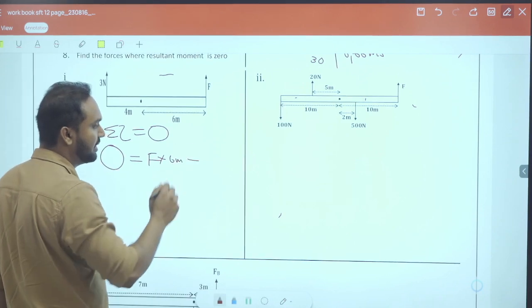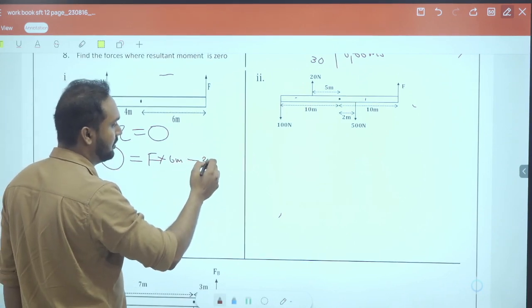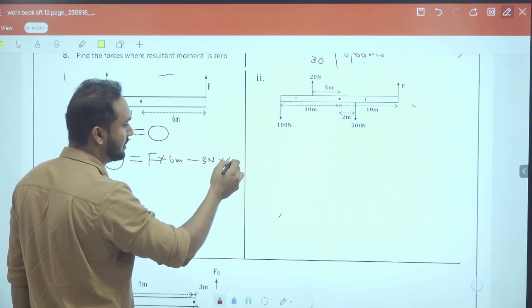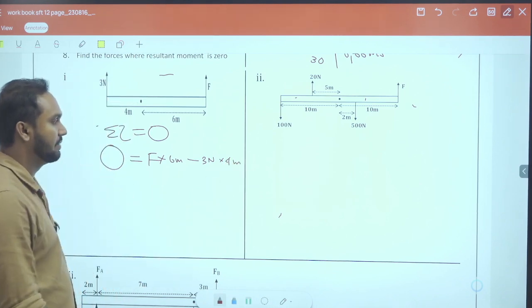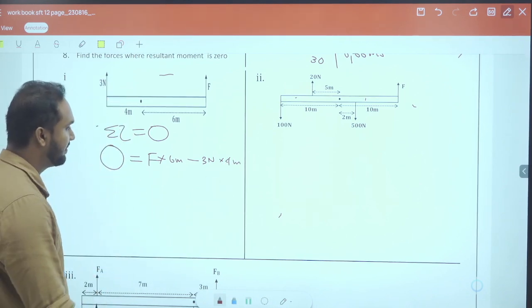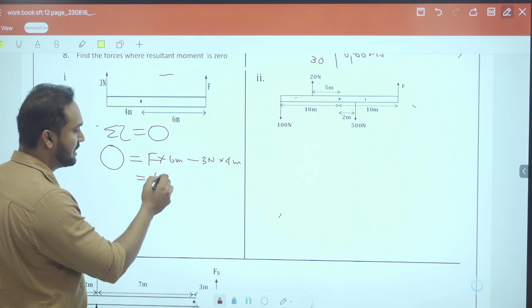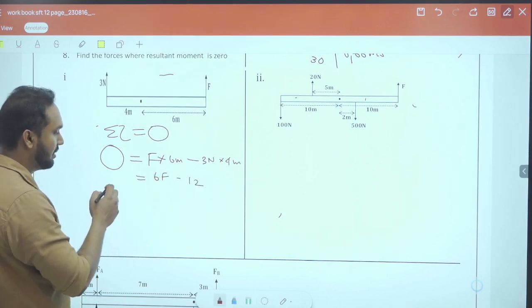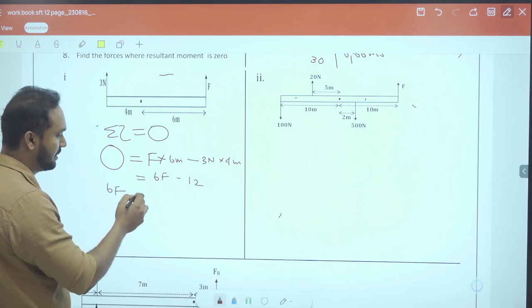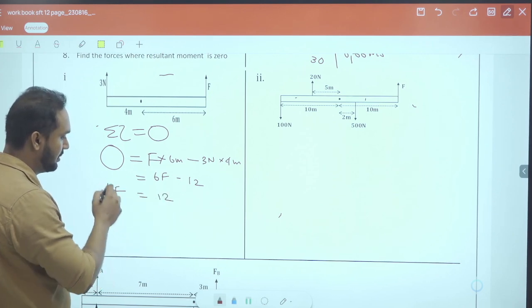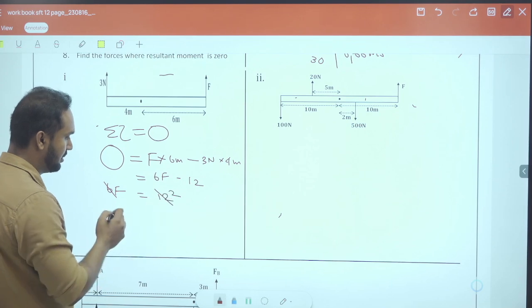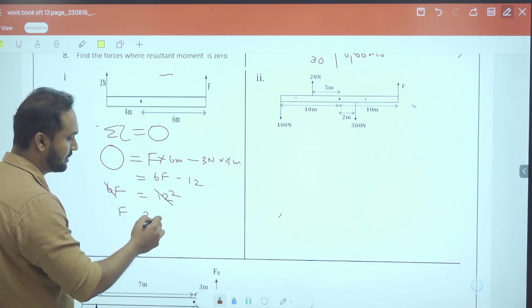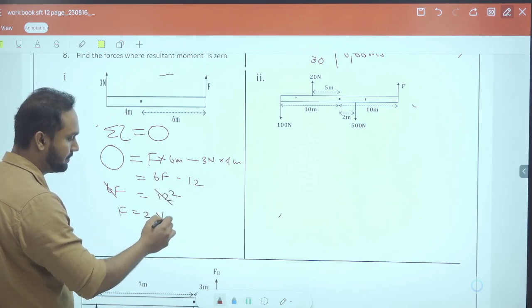You take them as minus values. 3 newtons into 4 meters, right? And you equal it to 0. Now you simplify this. What do you get here? 6F minus 12. Take the minus 12 to the other side, it becomes plus 12. So 6F equals 12. Cancel out. F equals 2 newtons. Get it?